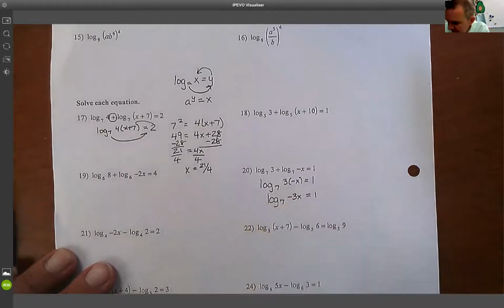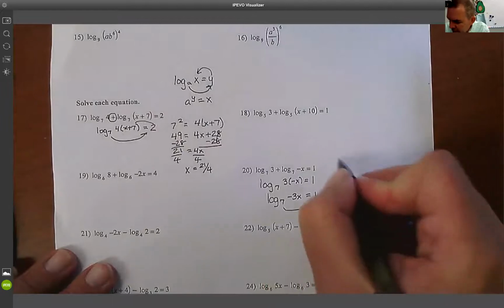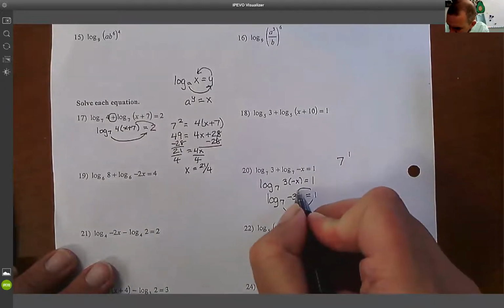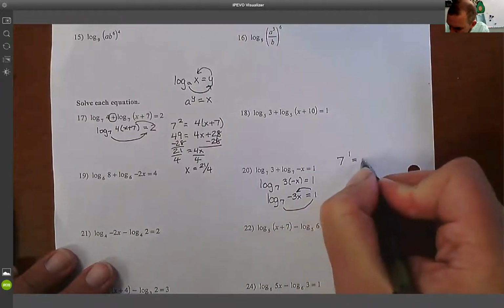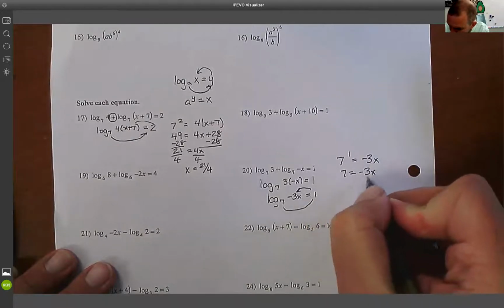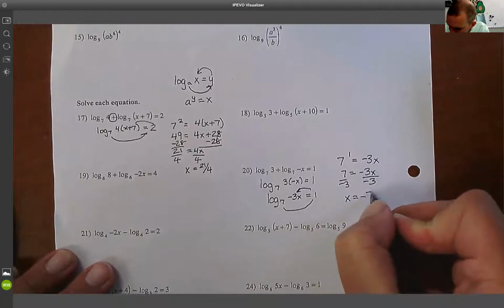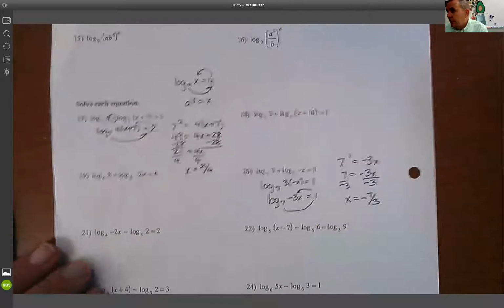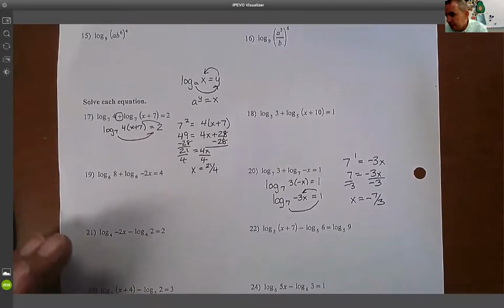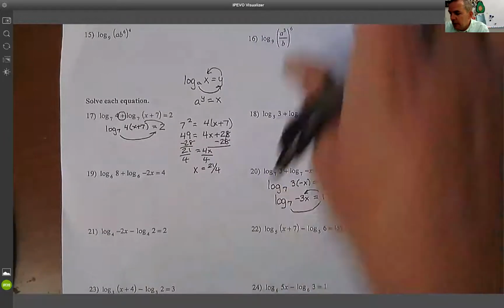I follow my rule: 7 to the first power equals negative 3x, so 7 equals negative 3x. Divide both sides by negative 3, and we find x equals negative 7/3. That's what we do when it's an addition. Give those a shot and see if you got them.